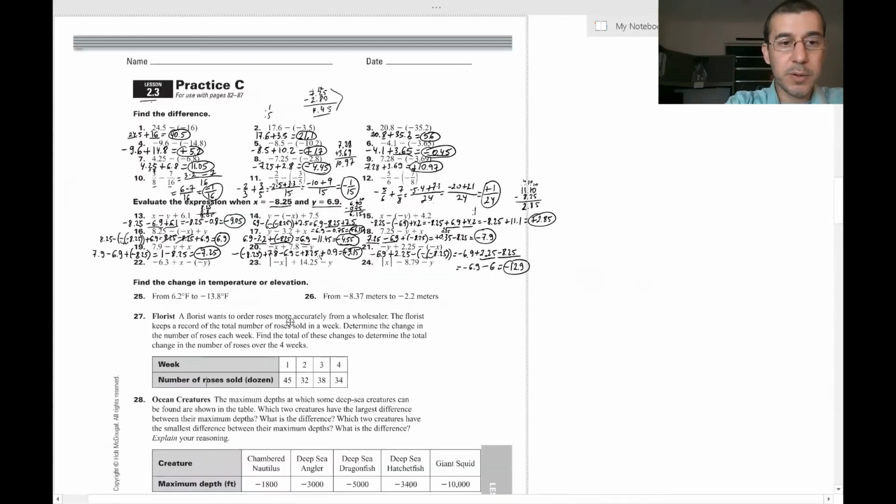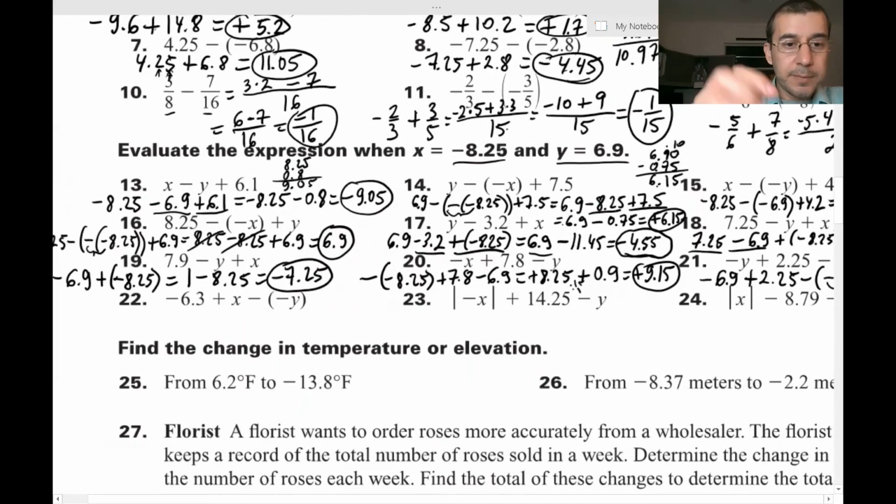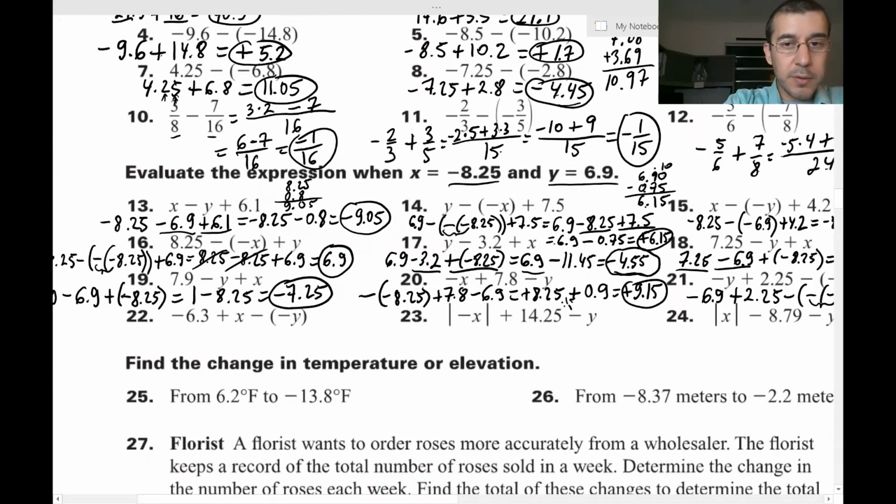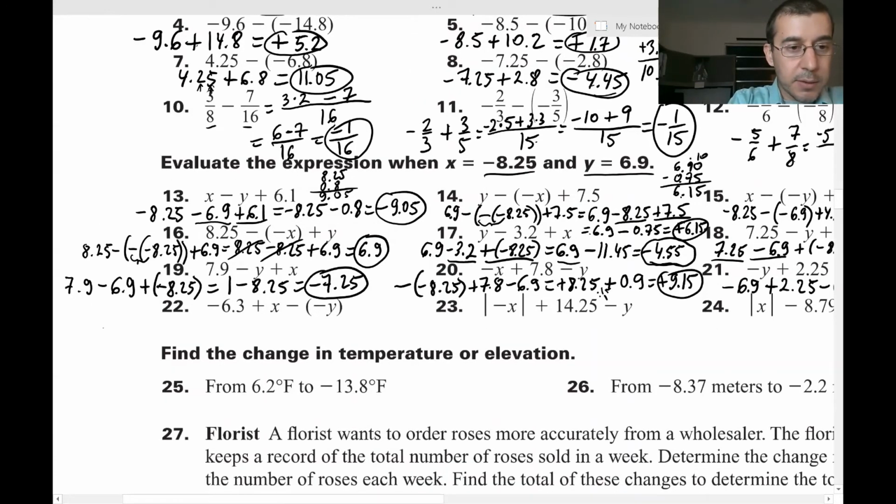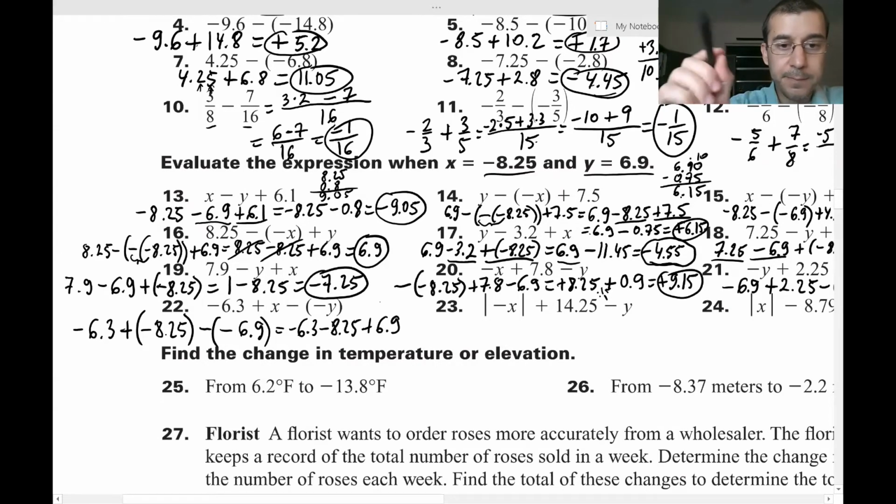We have three more problems here. 22, we have minus 6.3 plus x, and x is minus 8.25. Then minus, and then minus y is 6.9. So we have minus 6.3 minus 8.25. And then minus and minus is plus 6.9. Let's add up these two numbers because they both start with 6 point. Which one is greater, 6.9 or 6.3? 6.9 is greater.